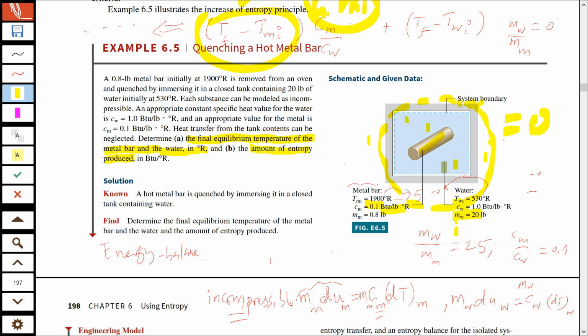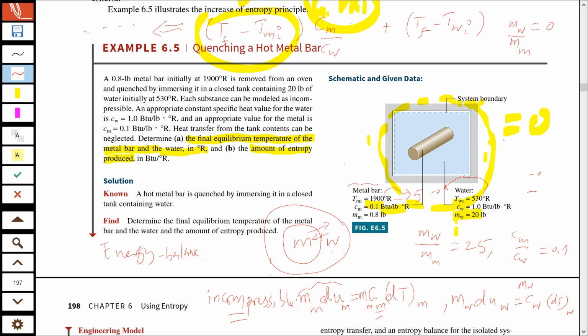And if you think of these as subsystems, system 1 and system 2, I don't need to call them 1 and 2, I just have labels M and W. So if I imagine a system M as a subsystem, it is surrounded by W for water. So between these two, I can have entropy transfer or heat transfer.